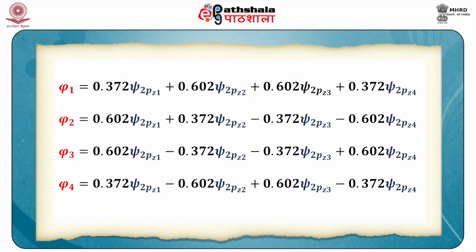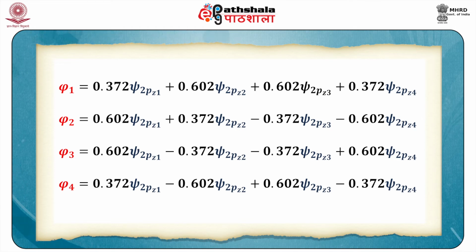So here you can see that all the coefficients are positive. Since this is the molecular orbital 1, therefore 0.372 can also be designated as C11. Similarly, 0.602 will be C12, that means the coefficient of the molecular orbital 1 on carbon atom 2.